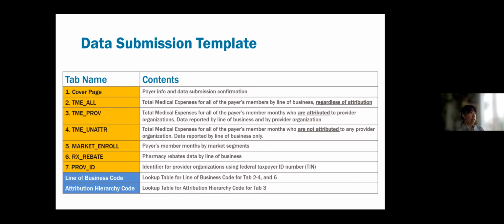That is where you can enter all the unique provider organizations in tab 3, your attributed tab, would be listed in tab 7, and that's also where you can outline any associated TINs, any sub practices or something associated with that large organization.